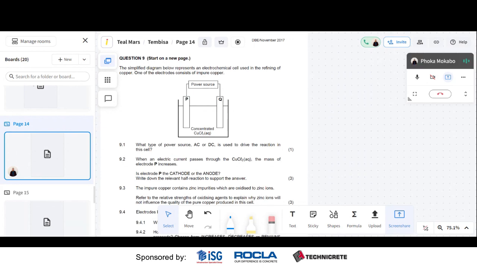Question 9: a simplified diagram below represents an EC cell used in the refining of copper. Now, we refine copper for a very simple reason. Copper is very valuable to us.